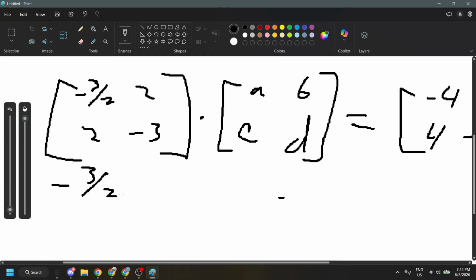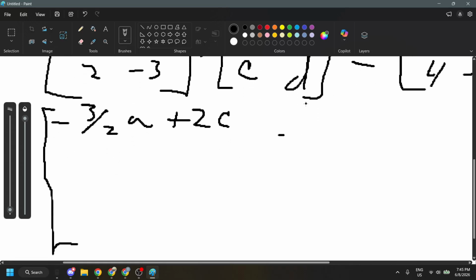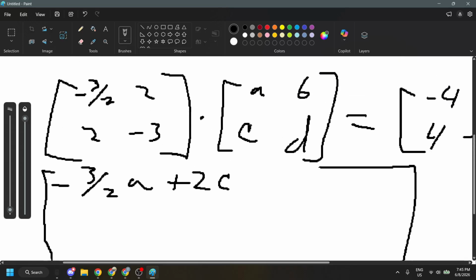So negative 3 over 2a plus 2c. Okay, now for this one it's probably the same thing but with b, so it's going to be negative 3 over 2b plus 2d.